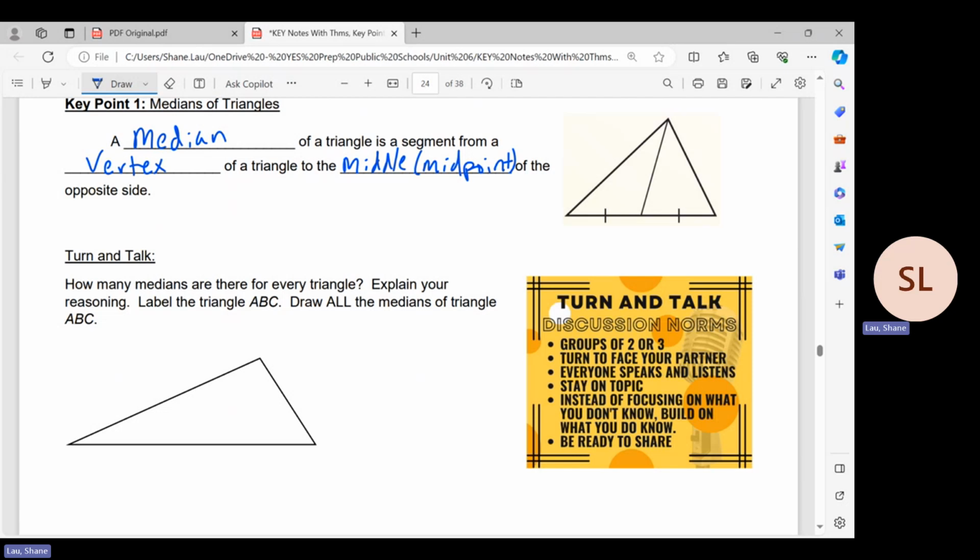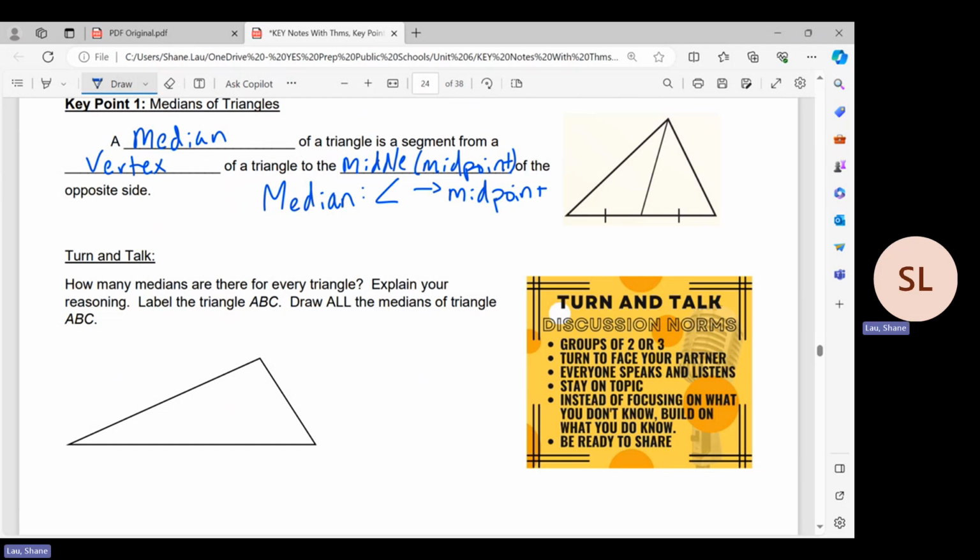And the way I'd like to describe this is, instead of trying to memorize this whole blurb, when we think of median, I want us to think angle, arrow, meaning angle to midpoint. And I think that just makes a lot of sense for us.